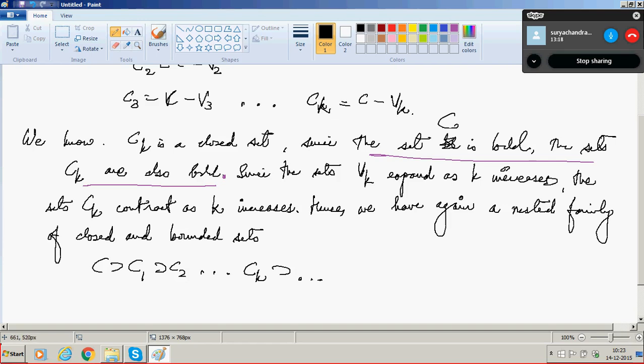So what is the next natural question that arises? Because we want to use the nested set property, could there be a point that lies in all the sets? Right?